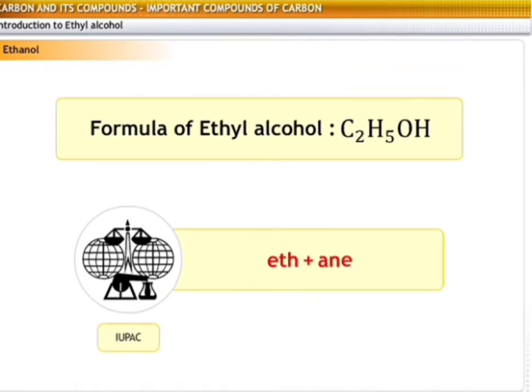However, due to the presence of the functional group OH, a secondary suffix ol is added to the name instead of e. Therefore, the IUPAC name of ethyl alcohol is written as ethanol.